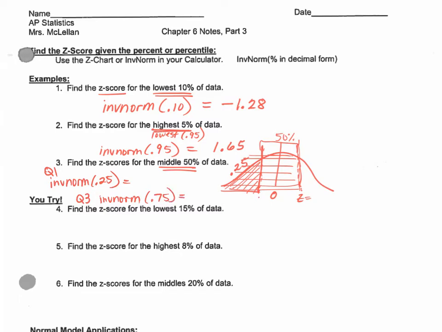So you find those 2 values, and those would be your negative 0.67 and your positive 0.67. Do you think it's strange that they are the same value, but one is negative and one is positive? That should not be surprising, because of symmetry, you are equidistant from the mean, so therefore you're the same number of standard deviations away from the mean.